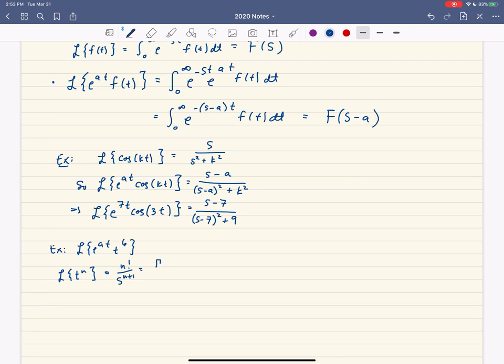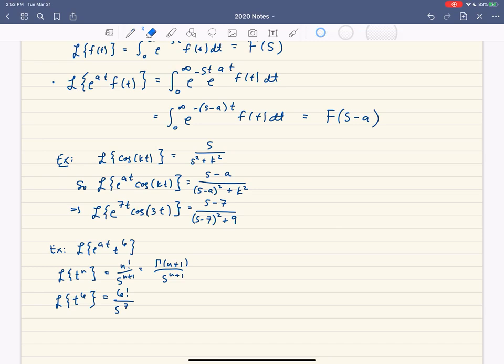Remember that this is really best viewed as gamma of n plus 1 over s to the n plus 1. And so the Laplace transform of t to the 6 is going to be 6 factorial, so that's 720, over s to the 7.